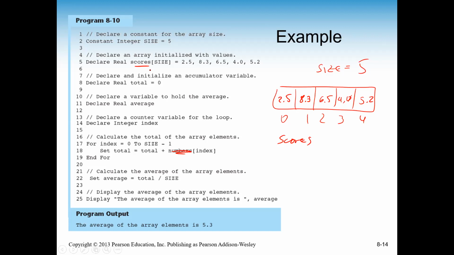See, it's called scores over here. All right, so it's going to be total plus scores index. So you add all those values in the for loop here. And then after that, pretty easily, you just take total divided by size.